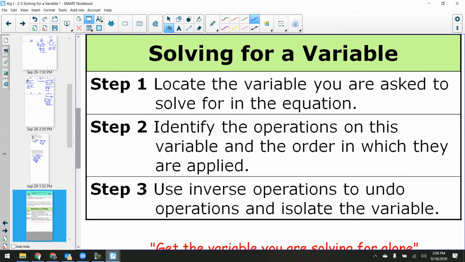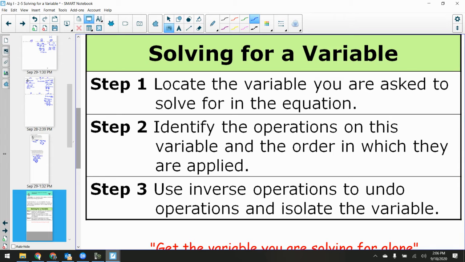So what are the steps to do so? First thing is you locate the variable that you're trying to solve for. Everybody look on your pages. Every one of these examples ends with for X, for Q, for T, for B, for Y. I have to tell you a variable to solve for, okay? That variable you're trying to get alone, you're trying to isolate that variable.